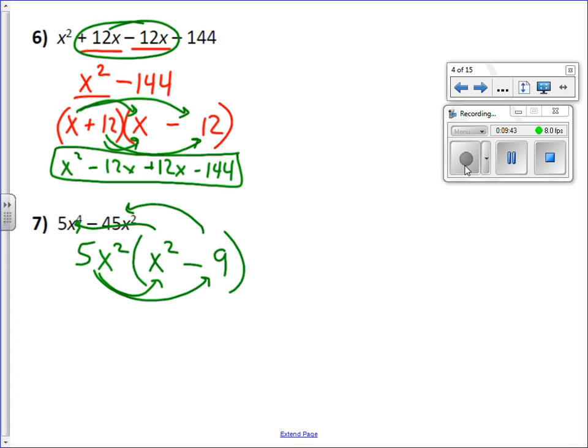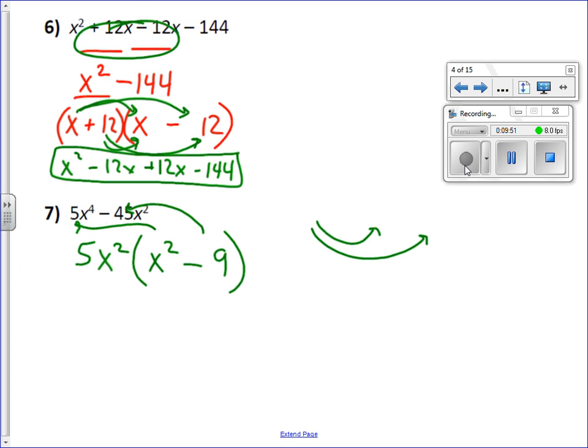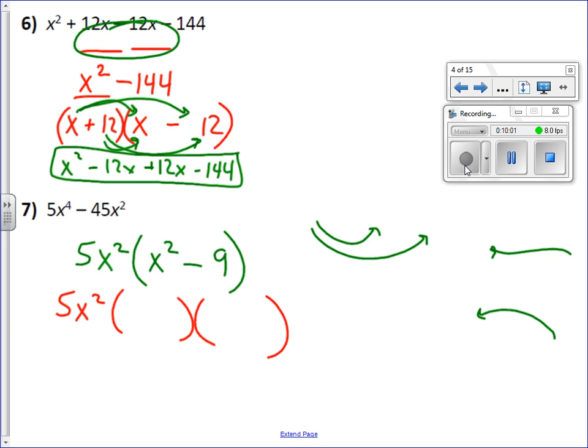So that would be the first step, to simplify that, but also once I've done that, I also notice that I have a difference of 2 squares in x squared and 9. So the square root of x squared is x. The square root of 9 is 3. One's going to be addition, one's going to be subtraction.